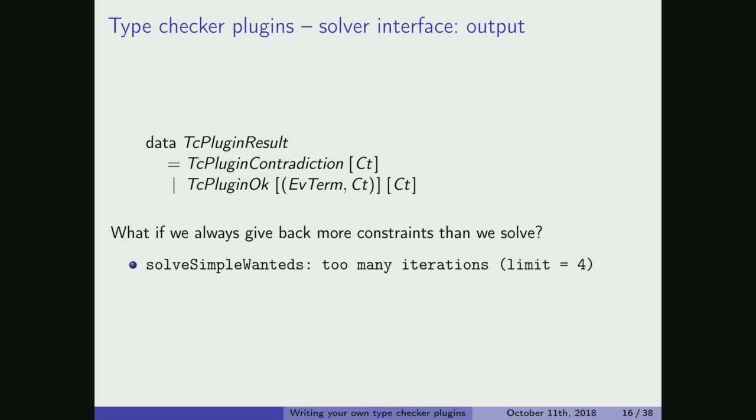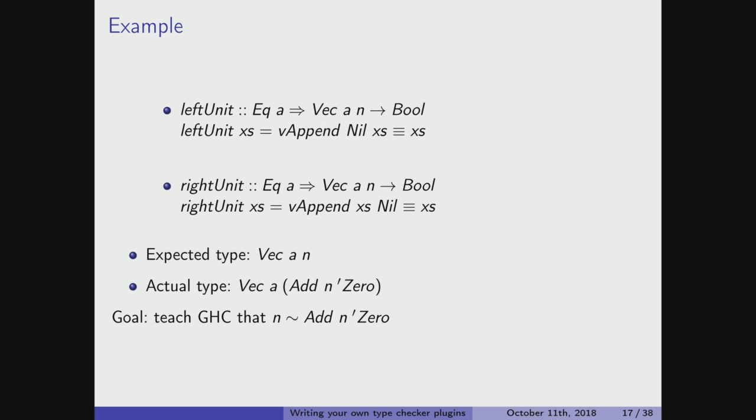Then it just has a limit. GHC, after a couple of iterations, would just say, sorry, I'm not going to wait until this finishes. So it will throw errors like that at you if you're not being careful, and you can increase the limit if you want to. So that's how that's dealt with.